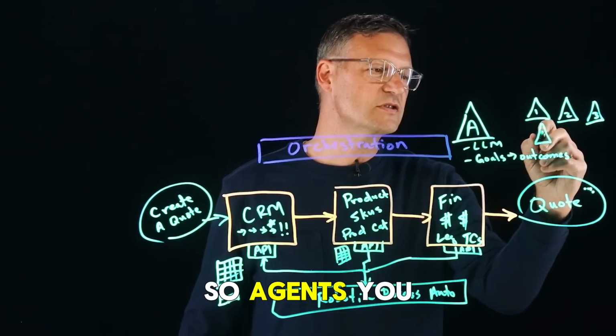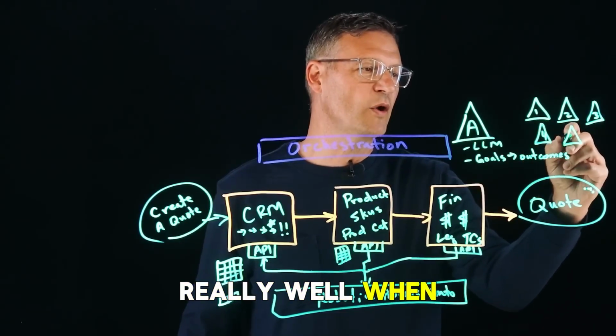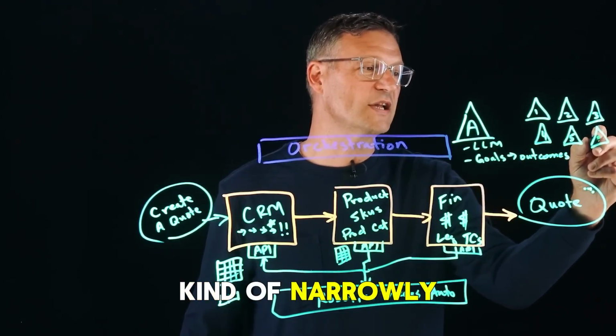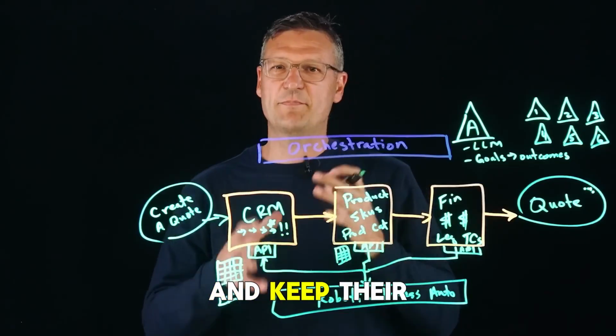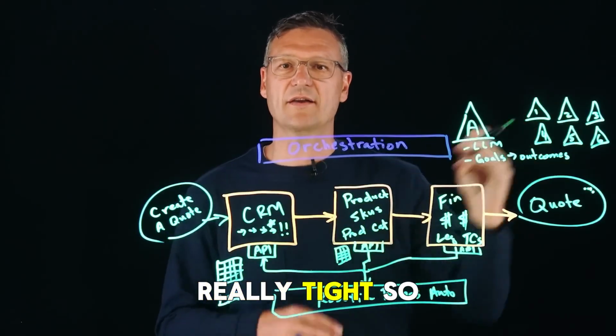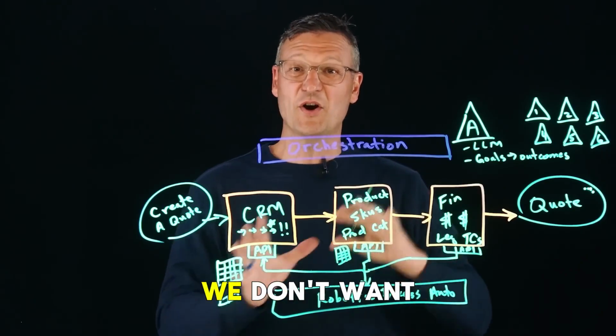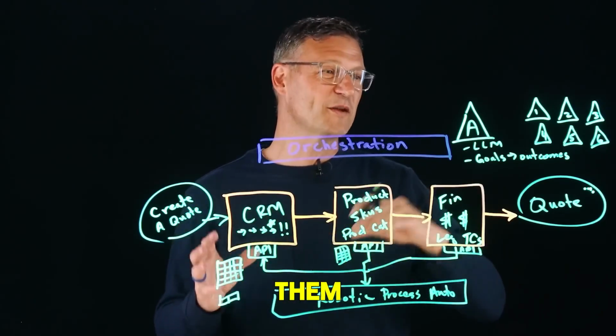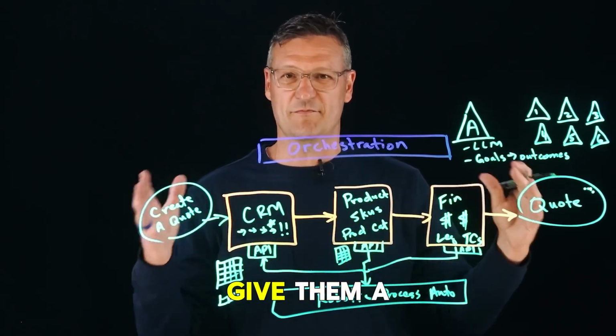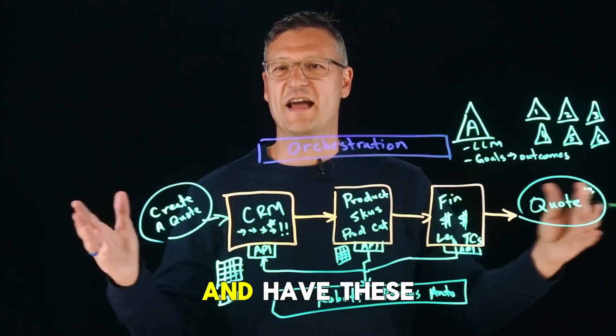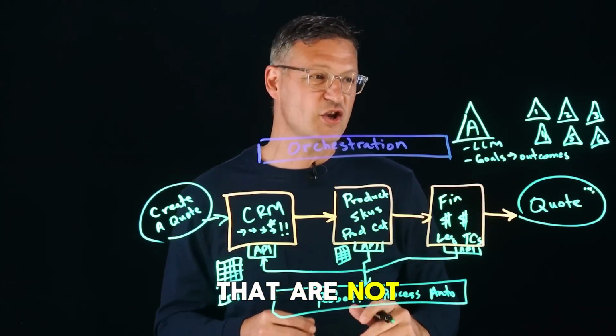Agents do really well when we keep them narrowly defined and keep their job stories really, really tight. Because we're going to give these things agency, and that means we don't want them to get off the rails. We don't want to hand these things LLMs and give them a big scope and have them doing a lot of things that are not useful.